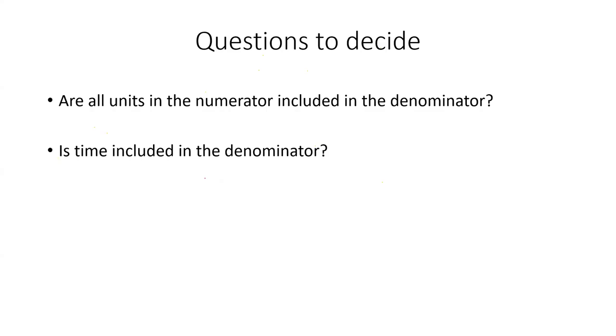So when you are jumbled up about whether it's a ratio, rate or proportion, you have to ask whether all the units in the numerator have come from the denominator. If yes, it can be a proportion or a rate, and then ask whether there is person-time in the denominator. If yes, then it is a rate.